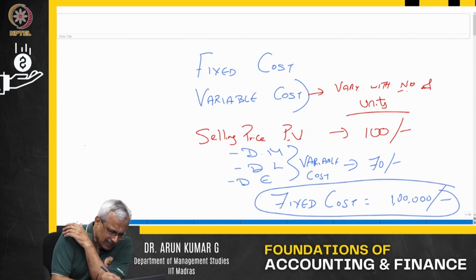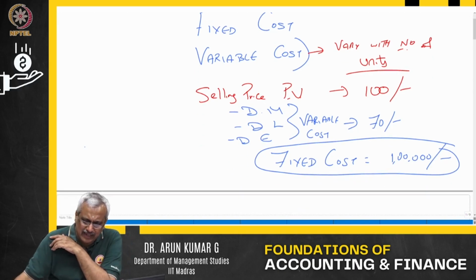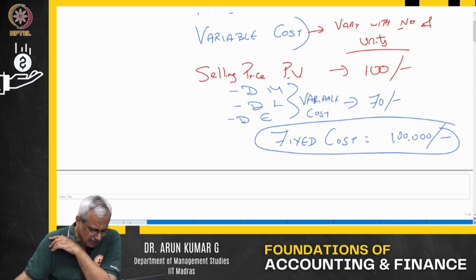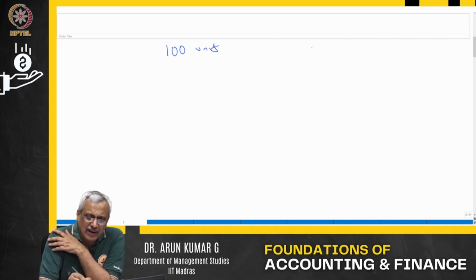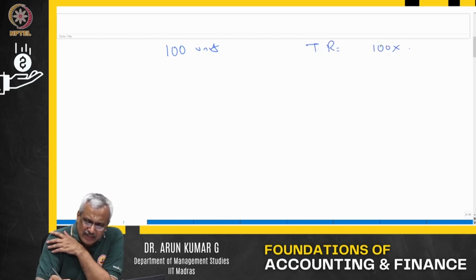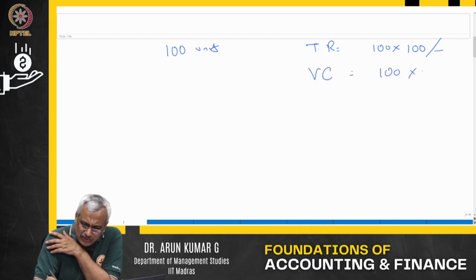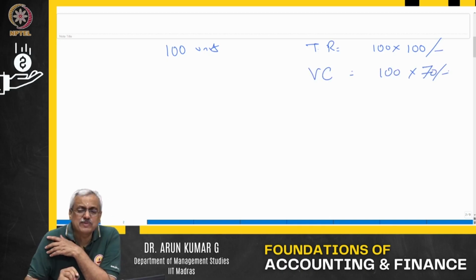Let us say I manufacture 100 units. My total revenue will be 100 into 100 rupees per unit. My variable cost will be 100 units into 70 rupees per unit.